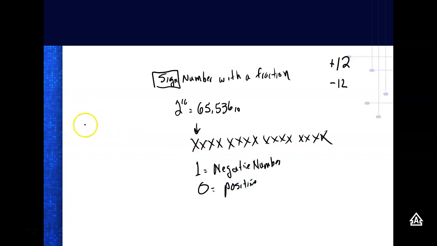So that means now I can represent numbers up to 2 to the 15th, because we're sacrificing a bit for the sign bit, which gives us 2 to the 15th, 32,768.